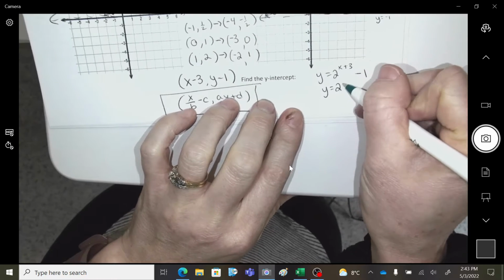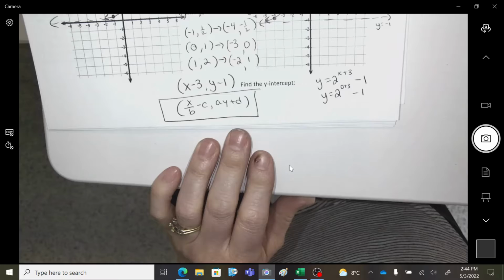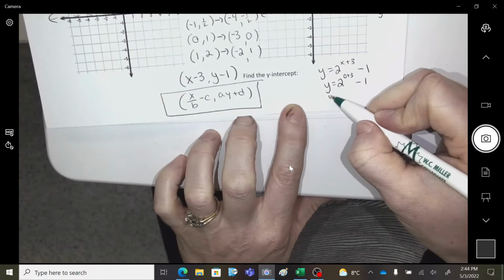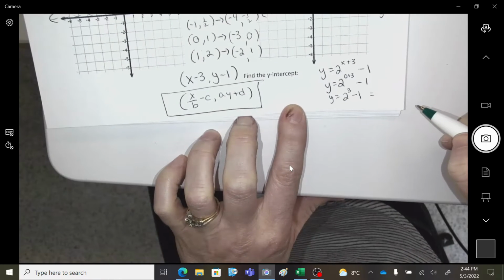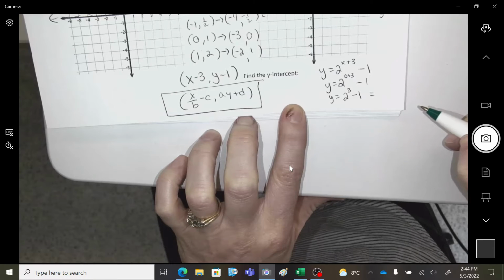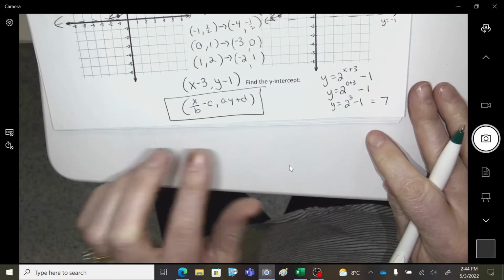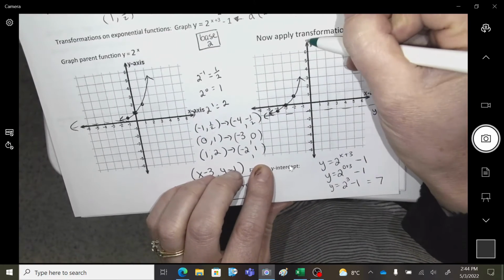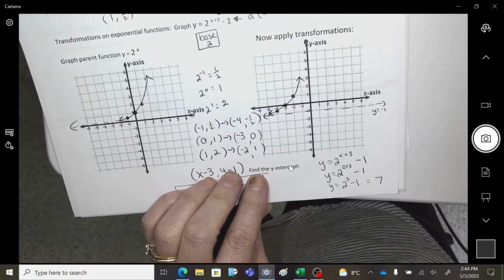So if x was 0, what would the math be? What is 2 cubed? 2 cubed is 8 minus 1, 7. Oh, that looks right. I think this thing is going to go up, right? I think it's going to cross there. Yeah, that would make sense.